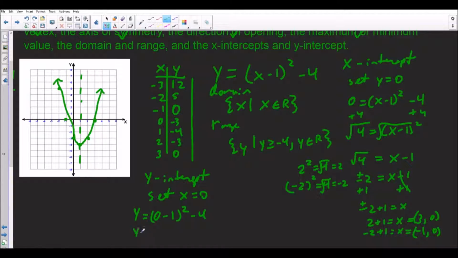So y is equal to negative 1 squared, which is just 1, minus 4, which is just equal to negative 3. So our y-intercept is just going to be (0, negative 3). So we found everything in this question. It was a fair amount of work, but now we know how to do quite a bit more. And actually a bunch of this was review stuff as well from our previous lessons.